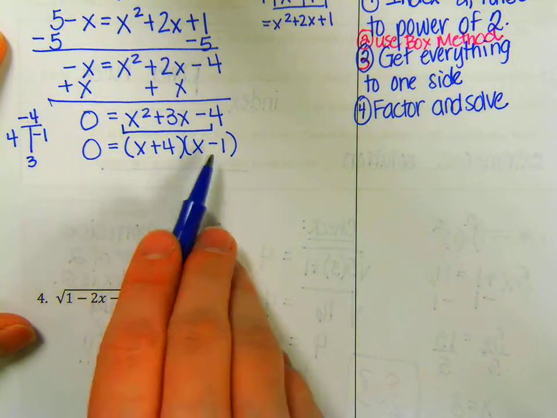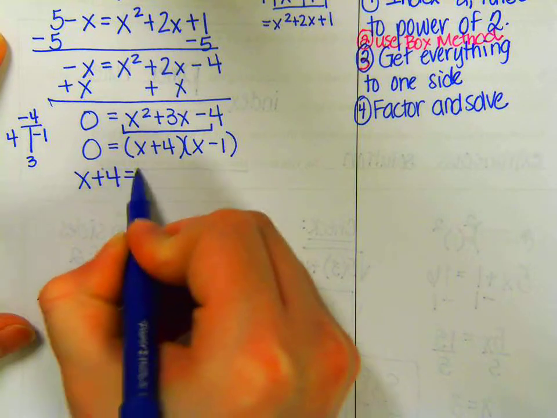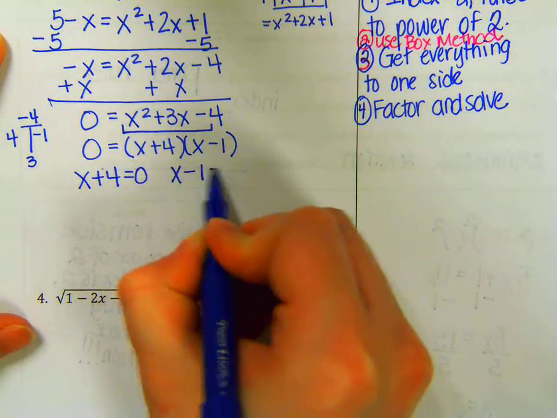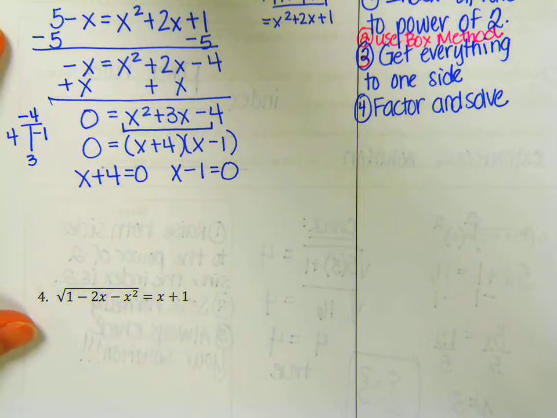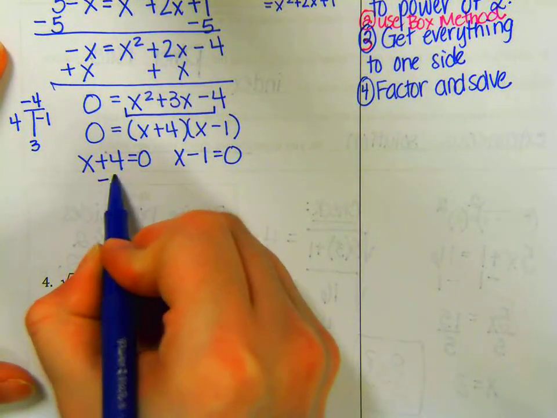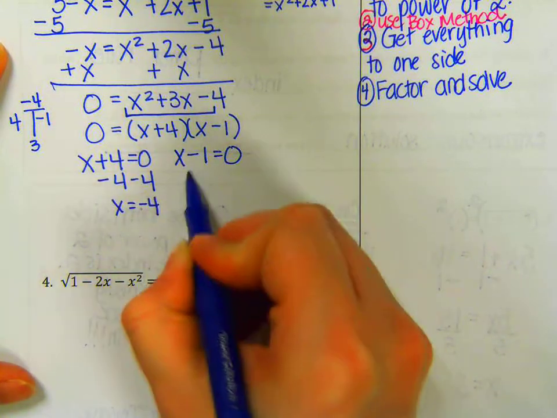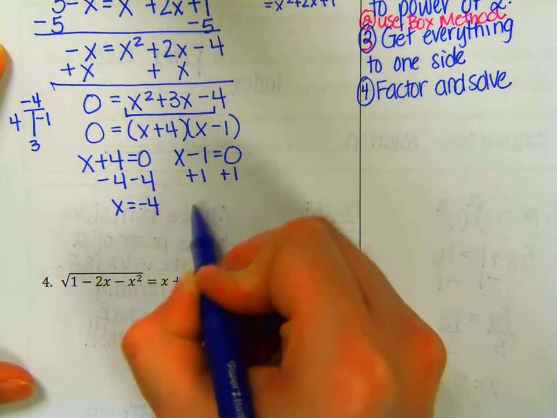I set both of these equal to 0 now. So I'll have x plus 4 equals 0 and x minus 1 equals 0. Over here I'm subtracting 4 from both sides, and I get x equals negative 4. And over here I'm adding 1 to both sides, so I get x equals 1.